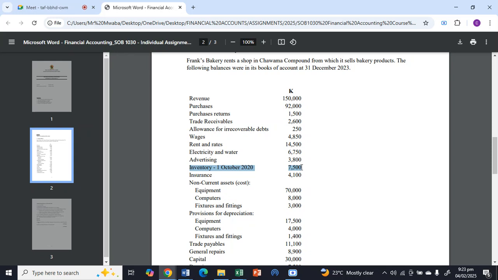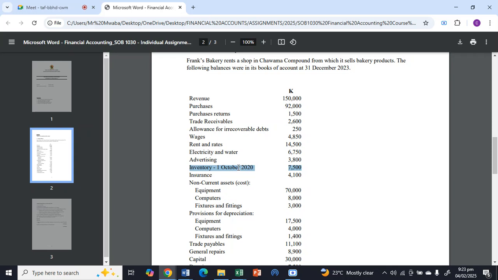What about this inventory 1 October 2020? Colleagues, what is this representing and where will we find it? Yes.